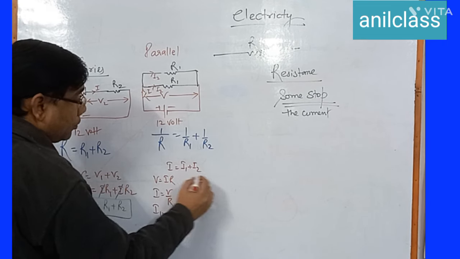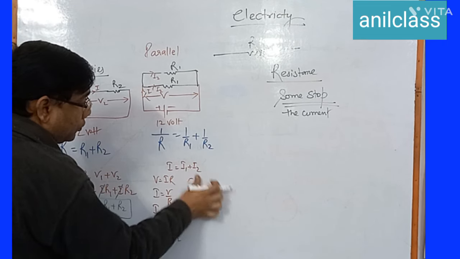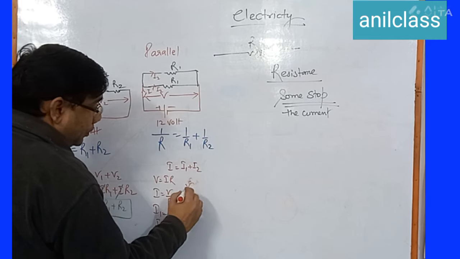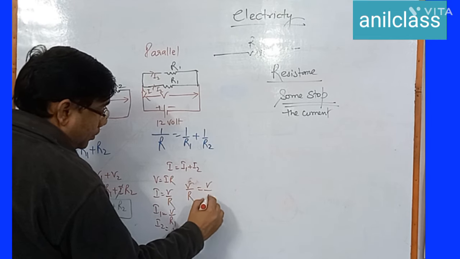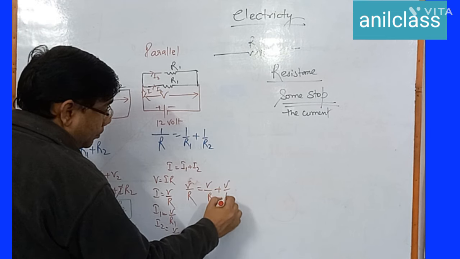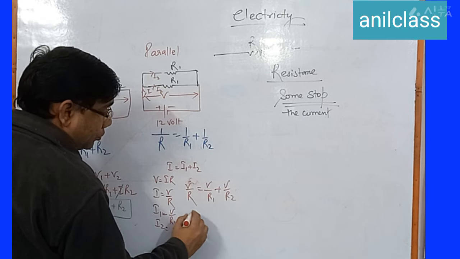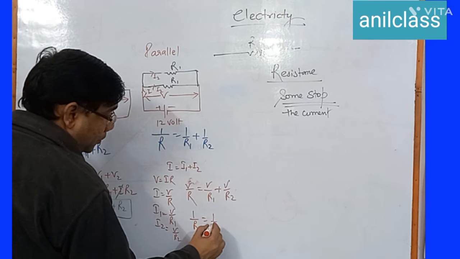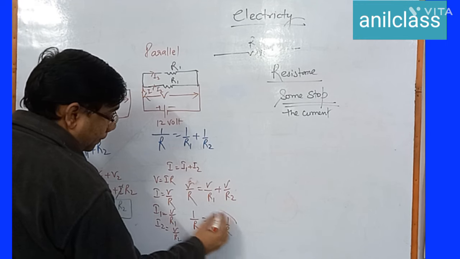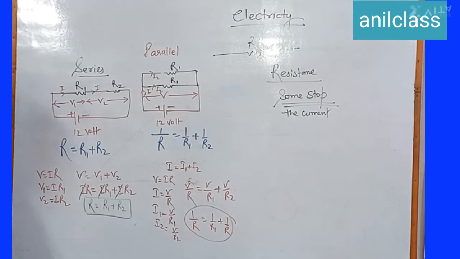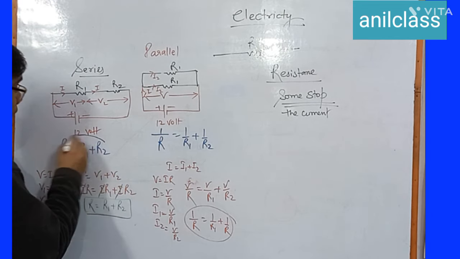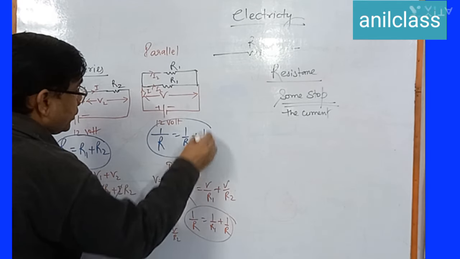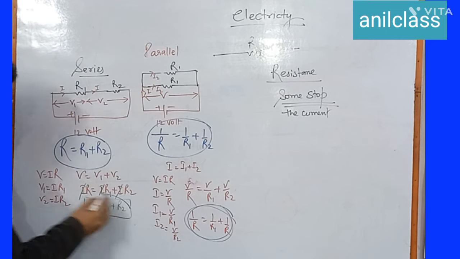Now we put the values: V upon R is equal to V upon R1 plus V upon R2, where V is cancelled. So now here we got the formula.